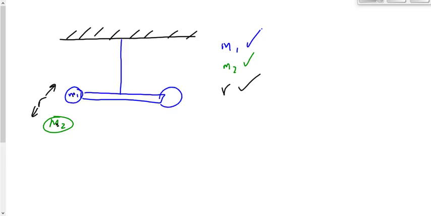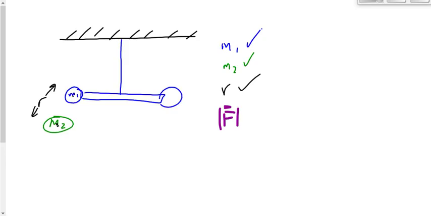F is the trickier one. F we can determine, but not as easily as we can determine the other ones. Where does F come from? Yep, force of gravity. Well, it is the force of gravity, right? But we can't calculate it that way. Yeah, the torsion of the wire.